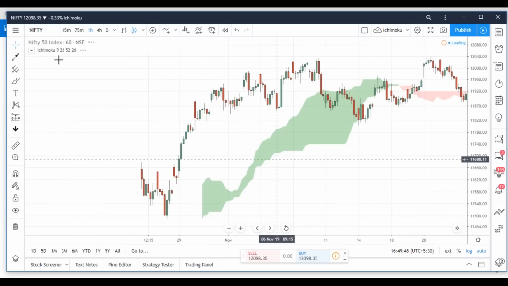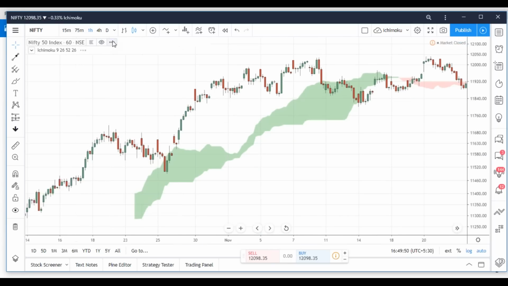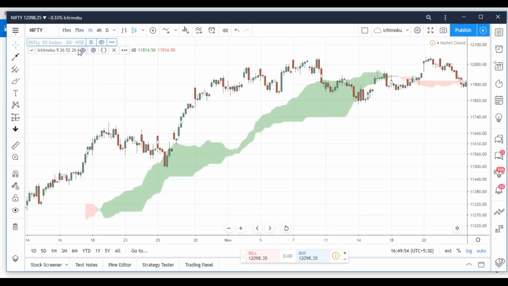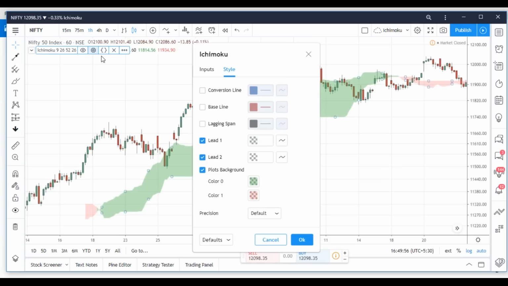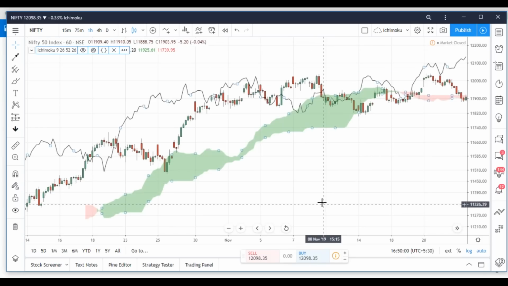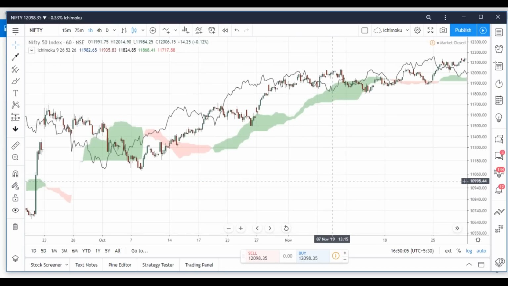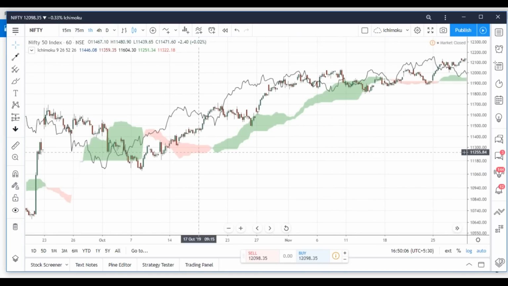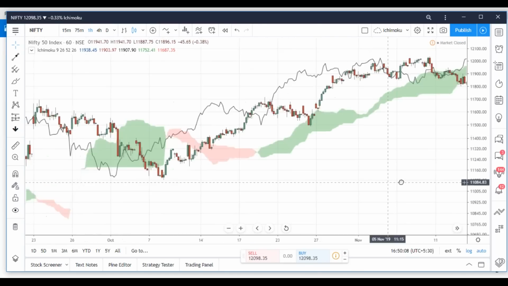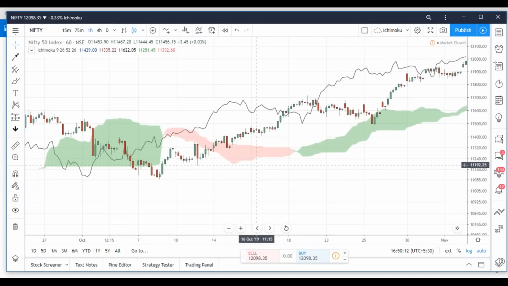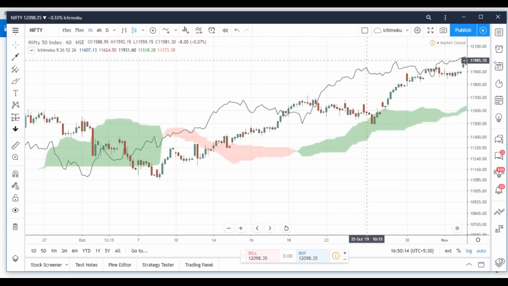Okay, let's say here I will add... in this strategy we require only two components, cloud and Chikou. So here... okay, I will use a bar replay.